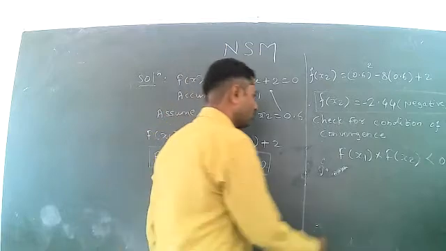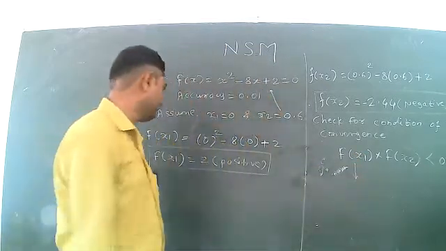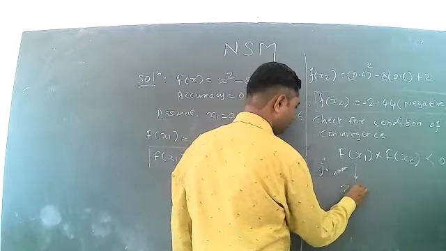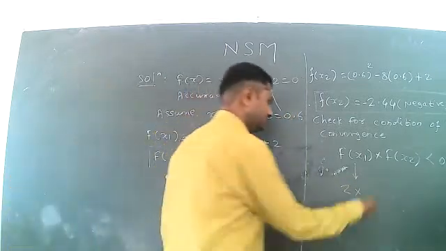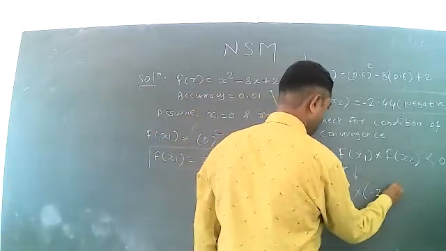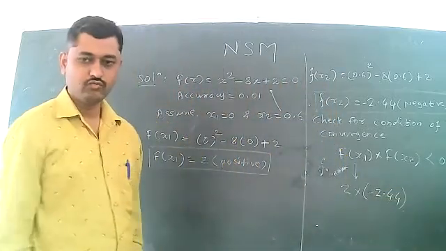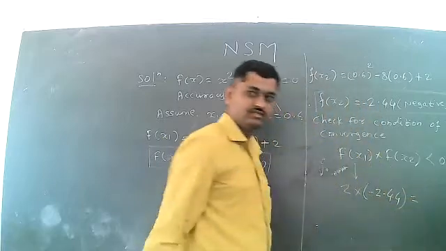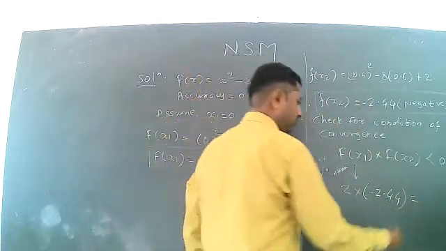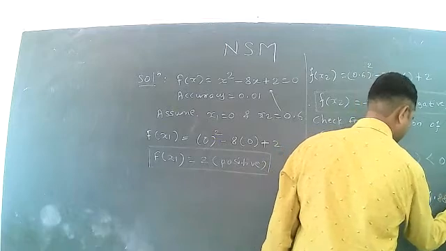Here f of x1 is 2 into f of x2 is minus 2.44, and the product is minus 4.88.